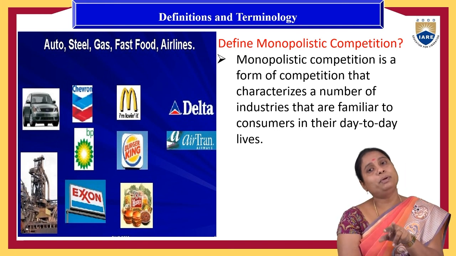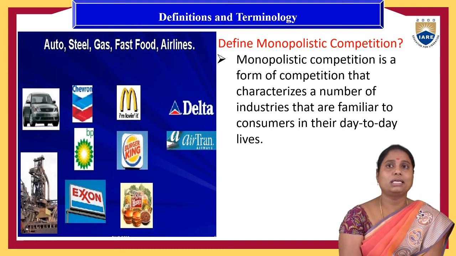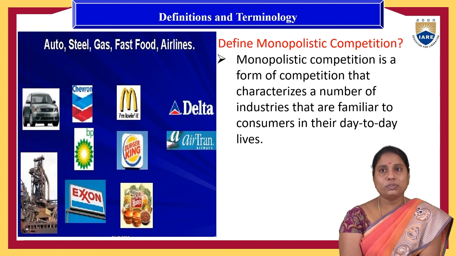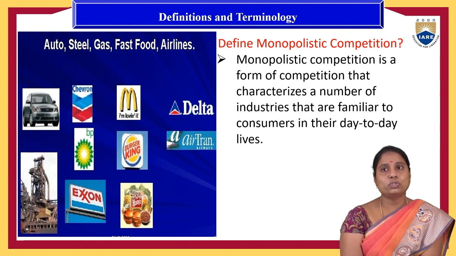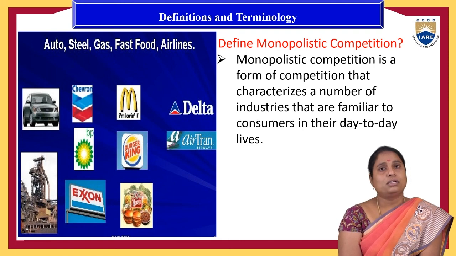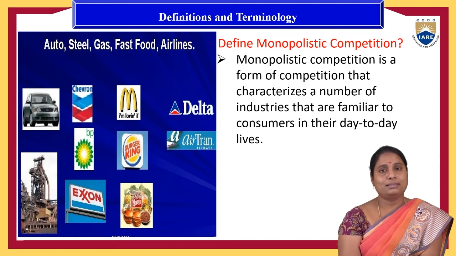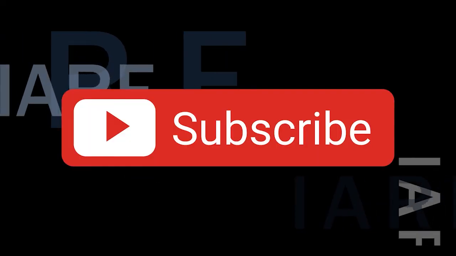Still, people satisfy their needs, wants, and desires with these two things, so it is called monopolistic competition. It is a form of competition that characterizes a number of industries familiar to consumers in their day-to-day lives. So that is about the definitions and terminology in this Unit 3, that is markets and business environment.